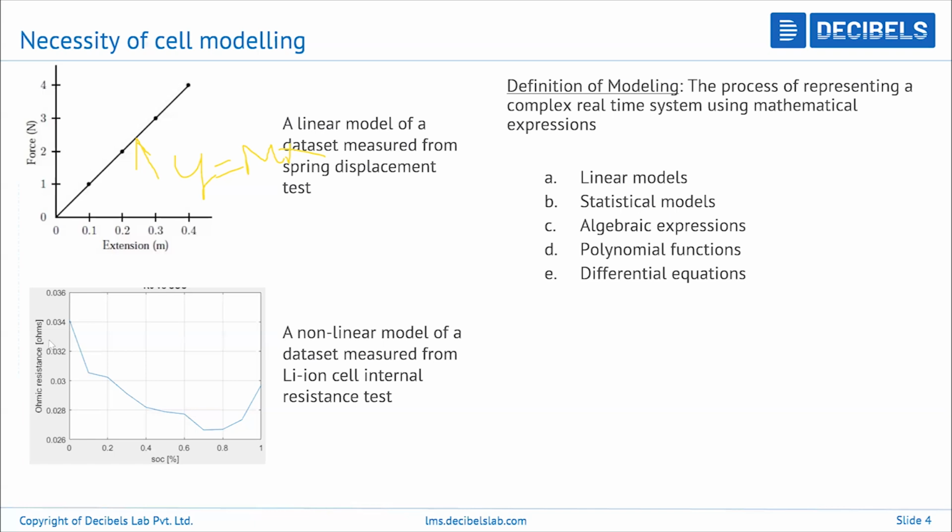So this is a case of linearity where there is not much deviation from the center line. There is not much deviation, and there is not much influence in terms of non-linearity. The slope doesn't change much, things like that. But when we consider more advanced systems, like specifically electrochemical systems, you can see on the bottom there is a graph that represents the change in resistance with respect to the cell state of charge.